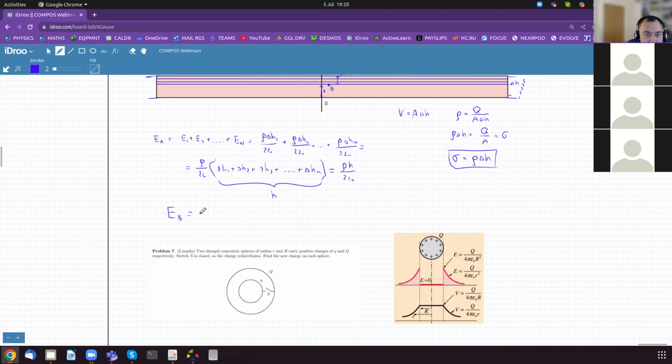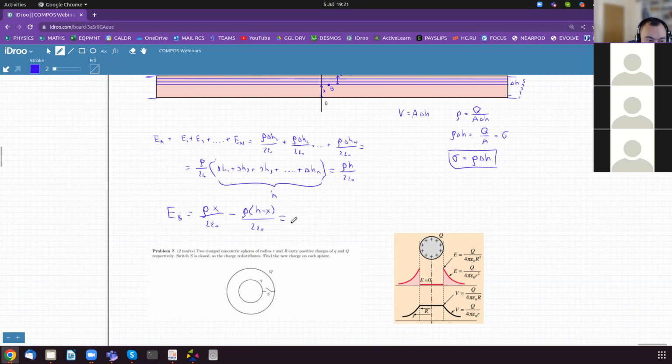is going to be the field from the slab below, taking upwards as positive. So it's going to be rho X over 2 epsilon naught, minus the field from the slab above, because it's pushing the other way. It's pushing me down, minus rho (H minus X) over 2 epsilon naught.